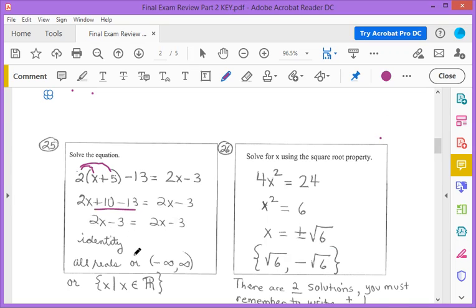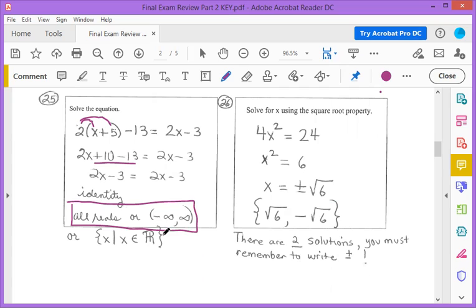What does this mean? That our solution will be all real numbers. Any number that you substitute for the value of x will make both sides of these equations equivalent. So our solution will be all real numbers. Or using interval notation, we can write it as the numbers from negative infinity to positive infinity.